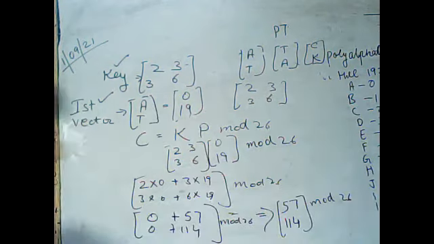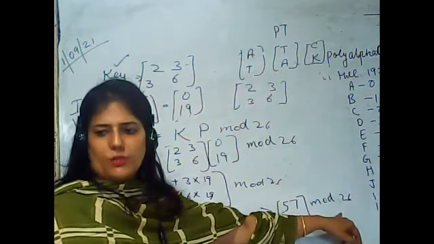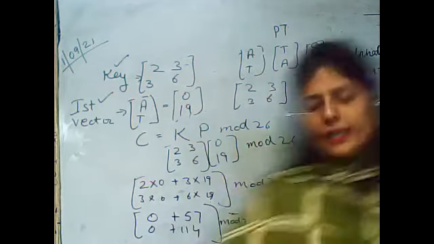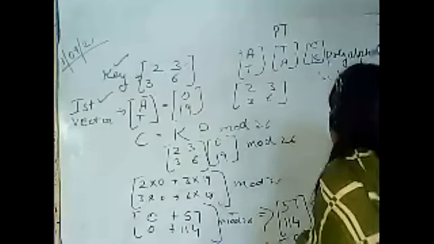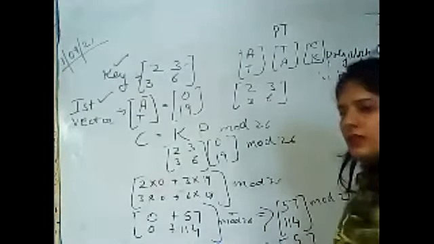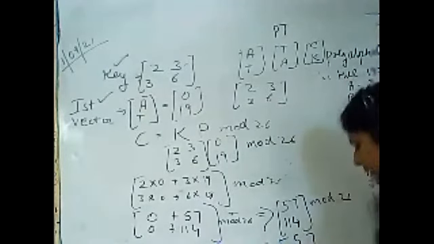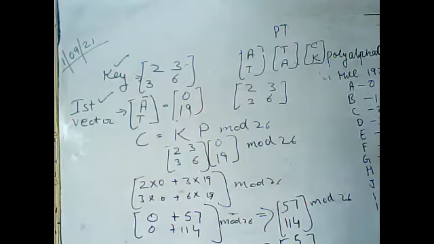After calculating with modulus 26, the answer is 5 and 10. The value 5 is F, and the value 10 is K. So F and K.